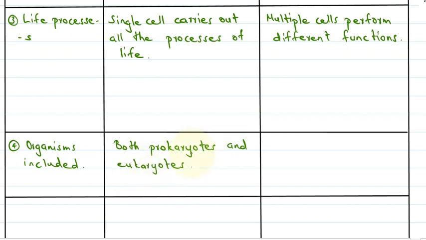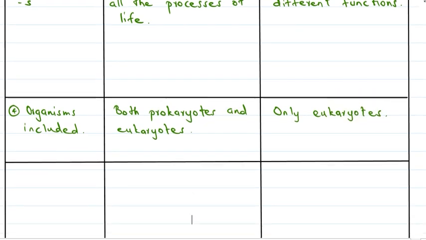For example, prokaryotes could be bacteria and eukaryotic unicellular organism could be yeast. Okay, whereas in case of multicellular organisms, only eukaryotes are included here.